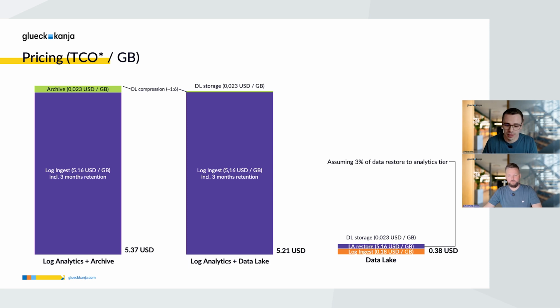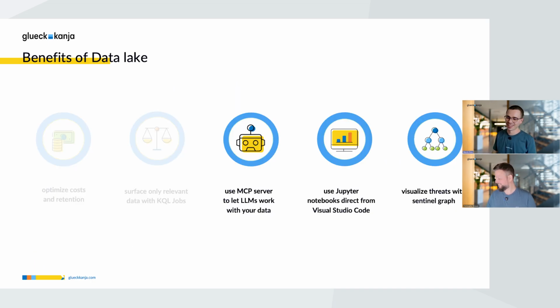So okay, enough about costs, right? Yeah. So coming back to features, let's talk about an MCP server, LLMs, and maybe even more like Jupyter Notebooks. It's important if you talk about these tools: we are using Visual Studio Code.